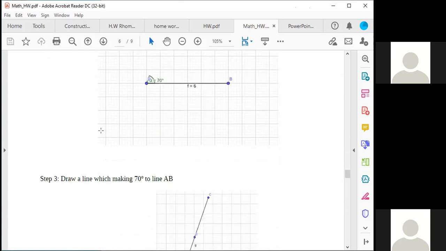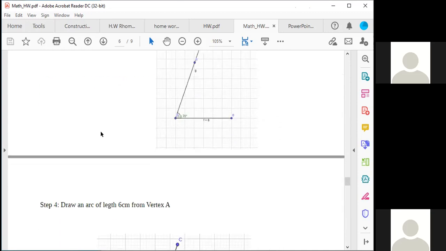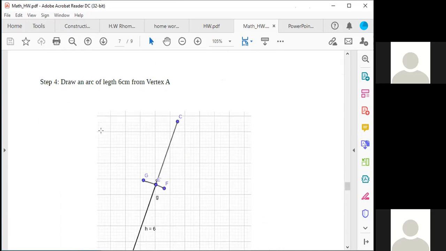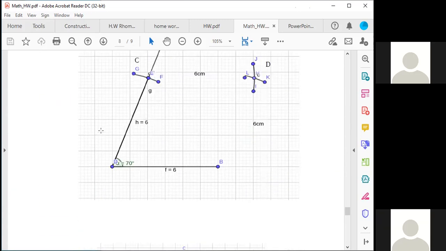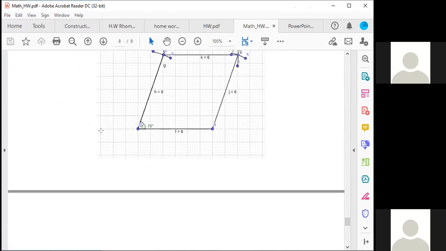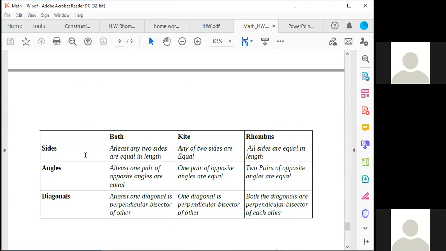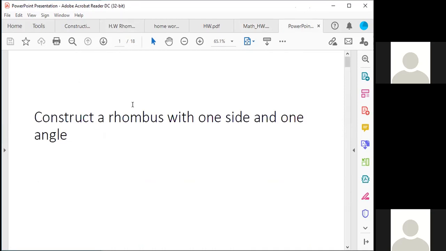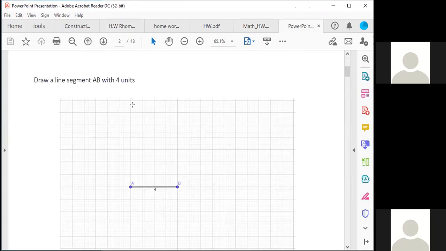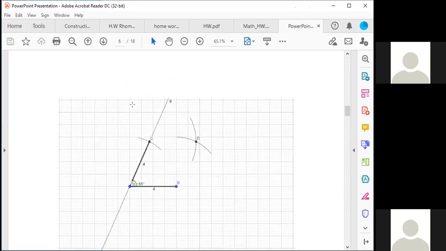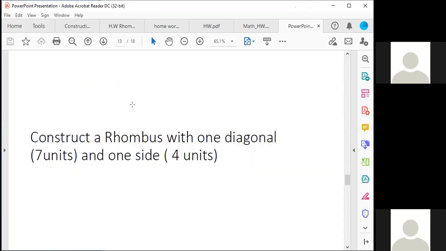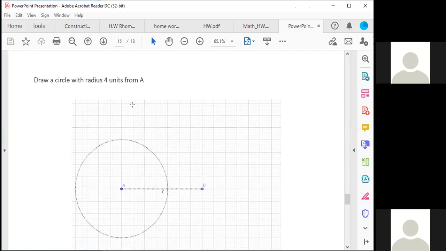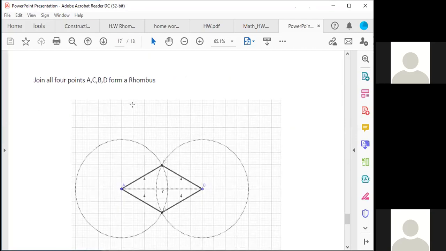I'm glad to see something like 70 degree, not a 60 and 45. The last one, side, one angle, 60. Okay, very neatly done. Again, very neatly done. Yeah, very neatly done.